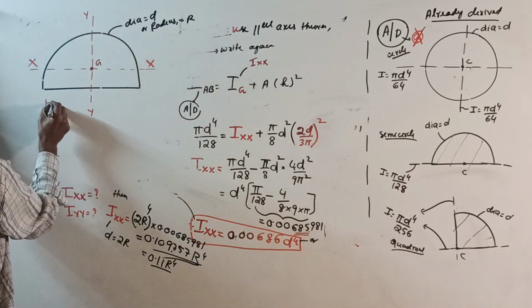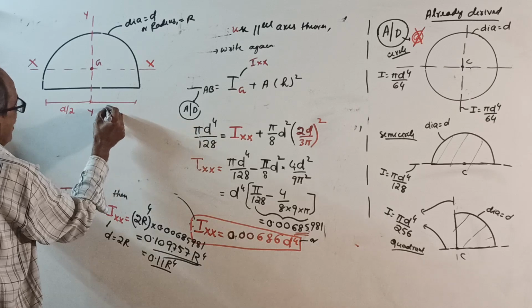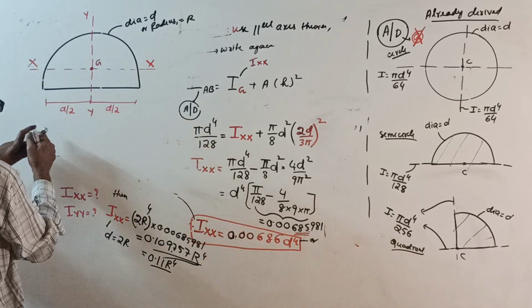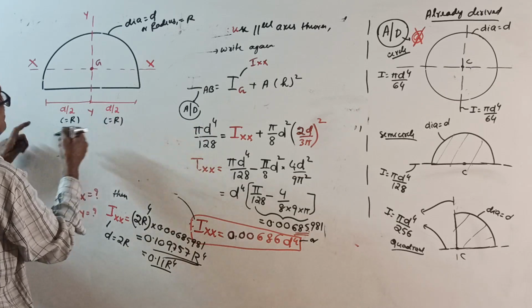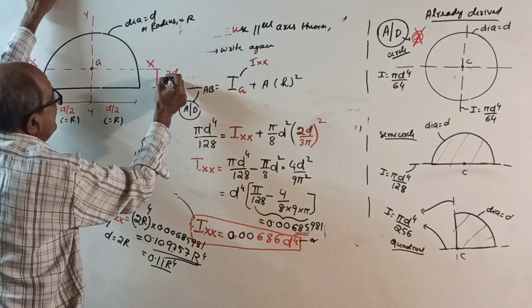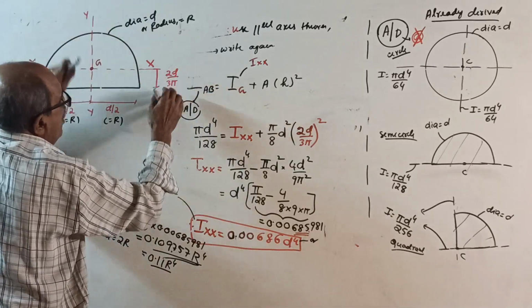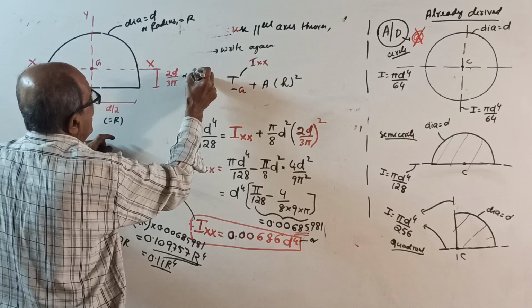This centroid is at d by 2 from the center, or r. This distance is 2d by 3 pi, or in terms of radius it is 4r by 3 pi.